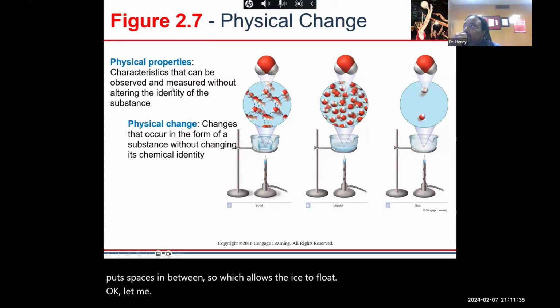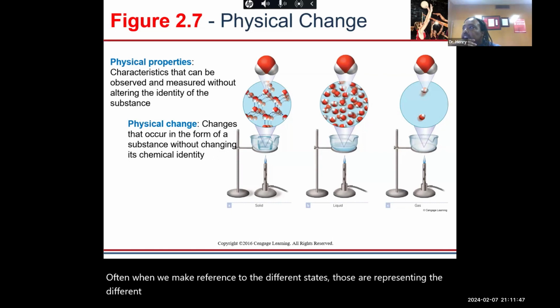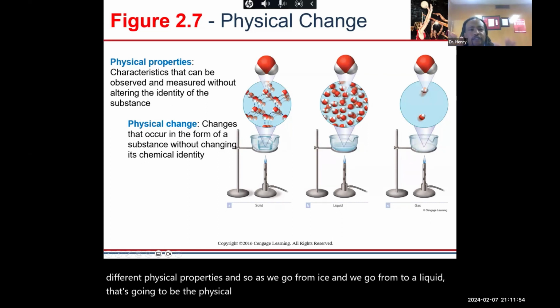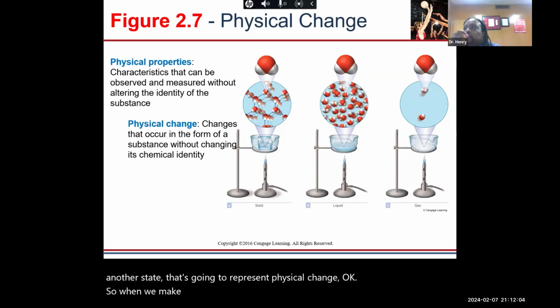So in the case of physical properties, often when we make reference to the different states, those are representing the different physical properties. And so as we go from ice to a liquid, that's going to be a physical change. So if we're changing from one state to another state, that's going to represent a physical change. Okay. So when we make reference to physical properties, those are characteristics that can be observed and measured without altering the identity of the substance.